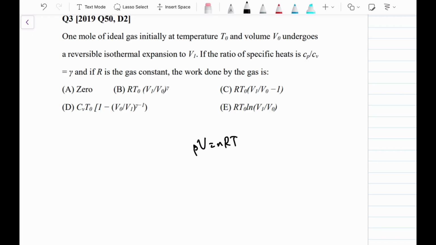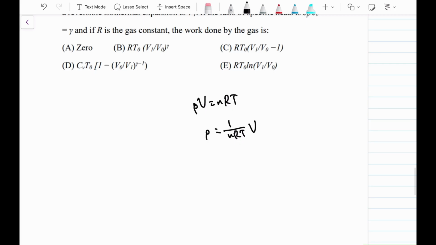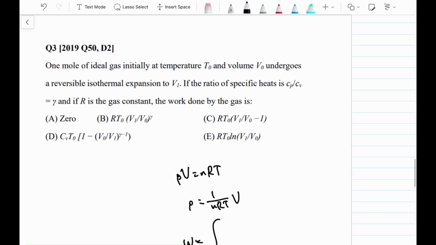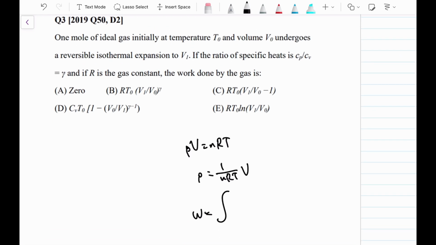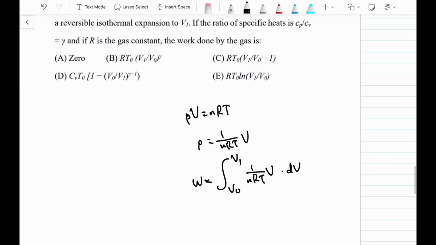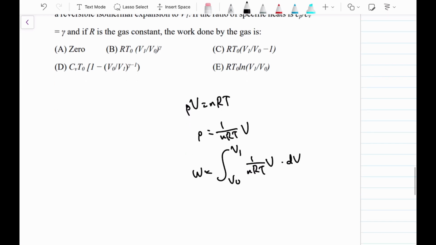The only variables in this equation will be P and V. So if you express P in terms of V, that will be P equals nRT times 1 over V. And then what you can do is simply integrate this from V0 to V1.